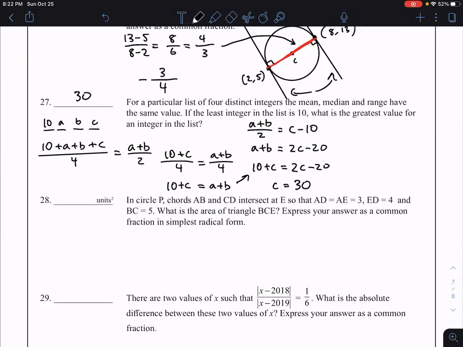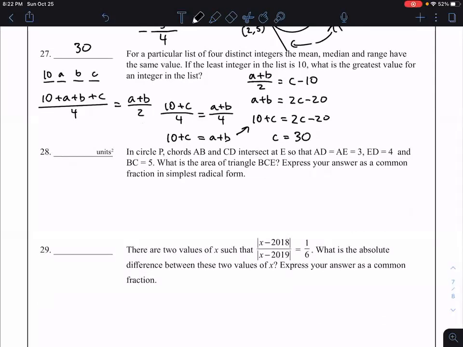Okay, 28. Oh, another circle. Okay, I'm gonna draw a picture real quick. You have center P, and then chords. That looks not accurate, but okay.